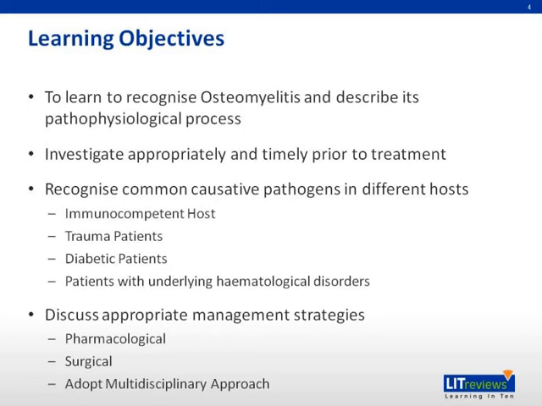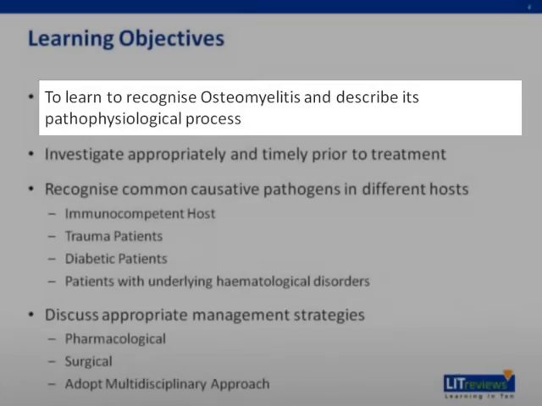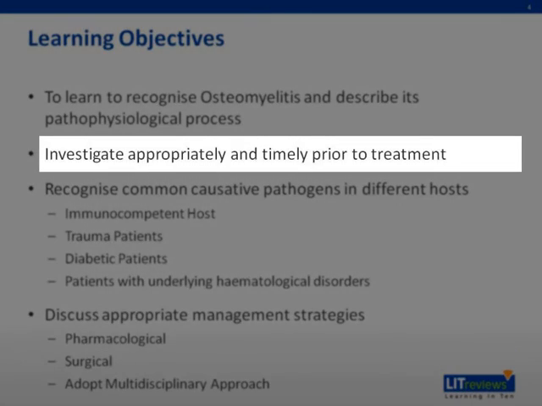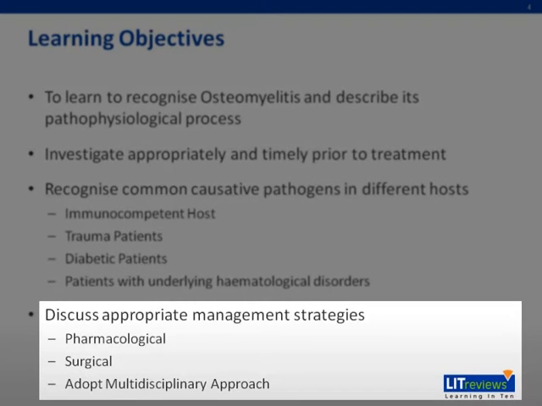For today's topic, we'll learn to recognize osteomyelitis in our patients and describe its pathophysiological process. We'll also review the investigations and the need to investigate appropriately and timely before treatment is started, to recognize common causative pathogens in the various hosts, the immunocompetent hosts, trauma patients, diabetic patients, and in patients with underlying hematological disorders, and also to discuss appropriate management strategies in such patients, which is often multidisciplinary.